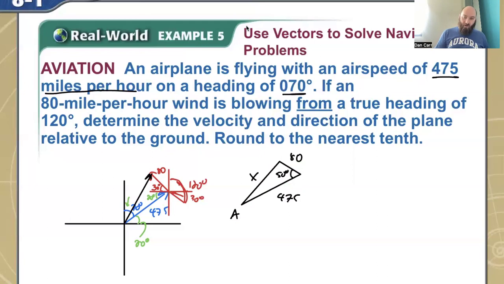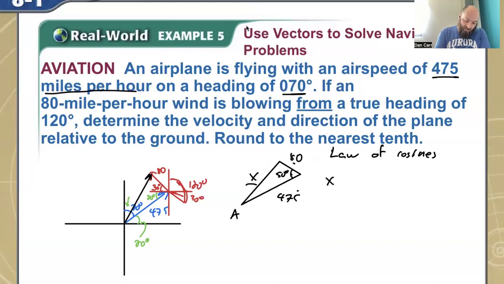So let me go ahead and start by solving this. I want to find this x value, which is going to be the total miles per hour that the plane is traveling based on the two vectors coming together. So I'm going to do law of cosines here because I have side angle side, with the angle being included.